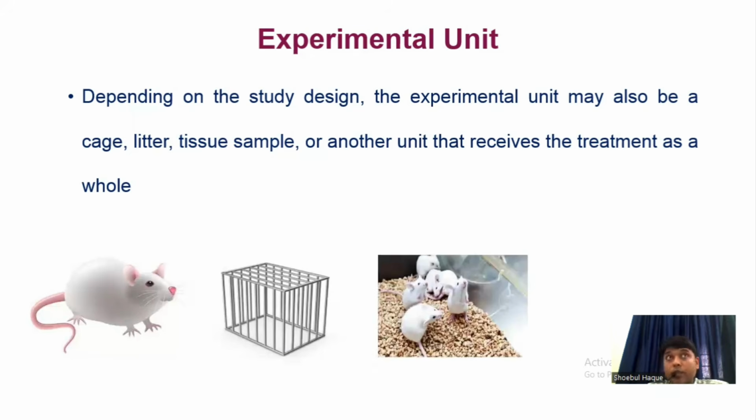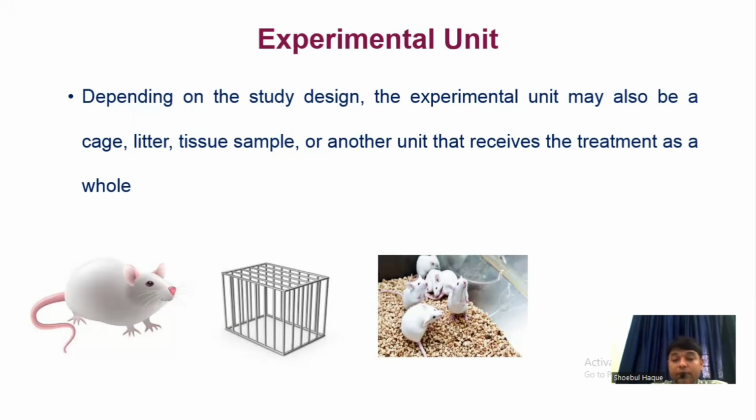Sometimes, if we are doing an experiment with pregnant females and we have to find out teratogenicity-like effects that could be found in the pups delivered by the female rats, we think that we have to calculate the effects from every pup and include them in our sample size calculations, but that is not correct.